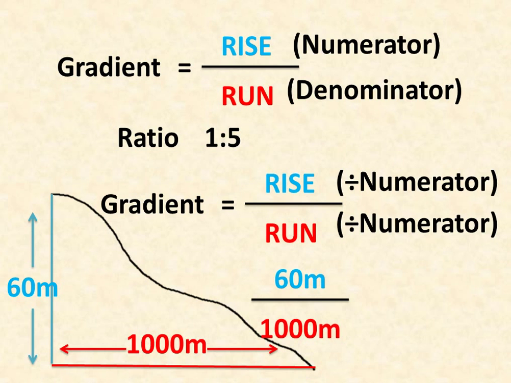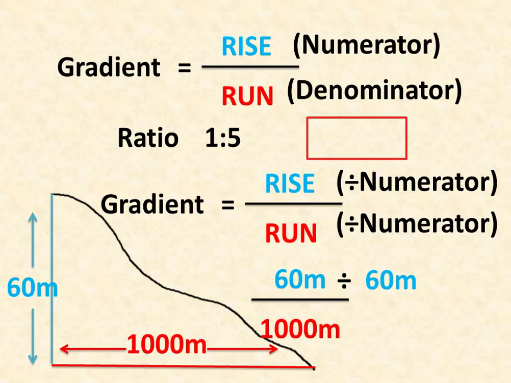Simply calculating 60 divided by 1,000 would not give us a ratio. So we need to divide 60 by 60, which gives us 1. Then we divide 1,000 by the 60 as well, which gives us 1 to 16.7 meters. And that's how we calculate it.